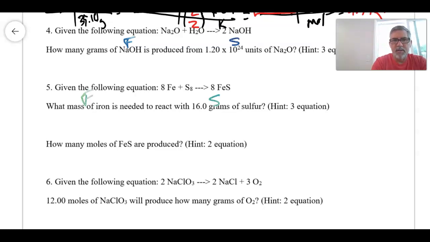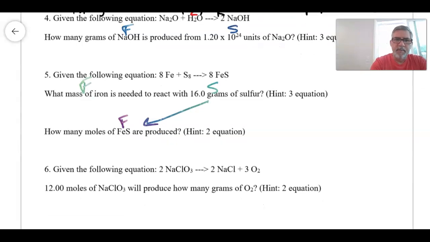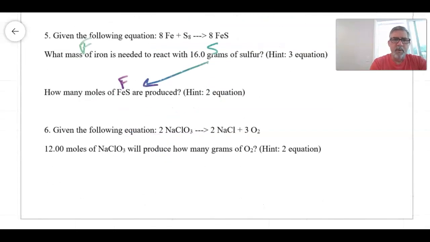Then I have a second question here. How many moles of iron sulfate are produced? Again, this is my start and my finish. They're two separate problems. And then I have my last problem over there.